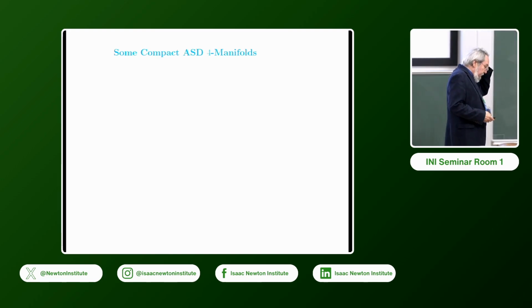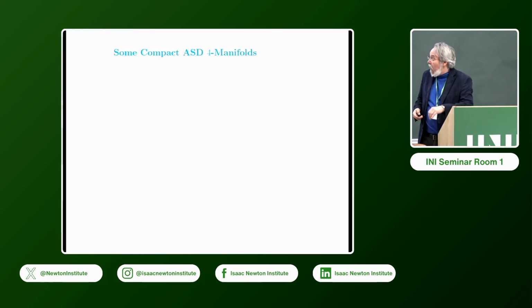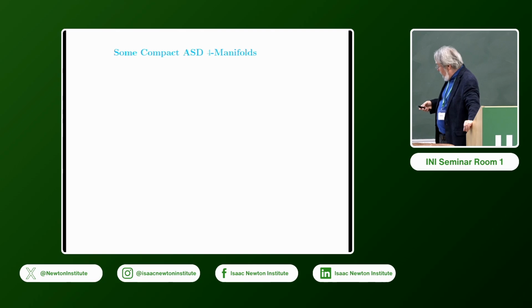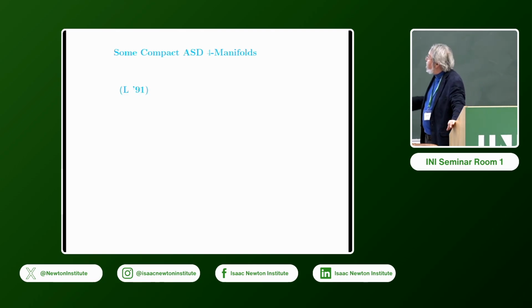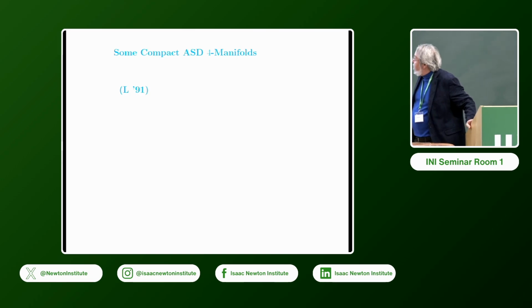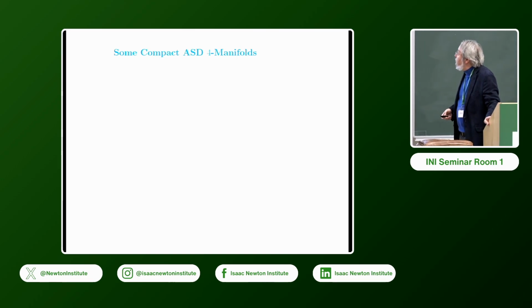All right, so the application of this that really got me excited, and one of the best papers I ever wrote, appeared in 1991 in the Journal of Differential Geometry.